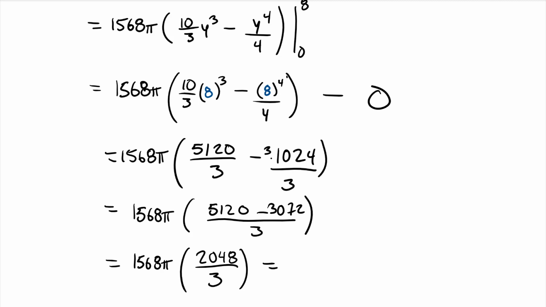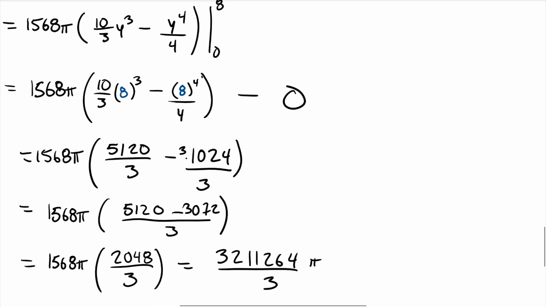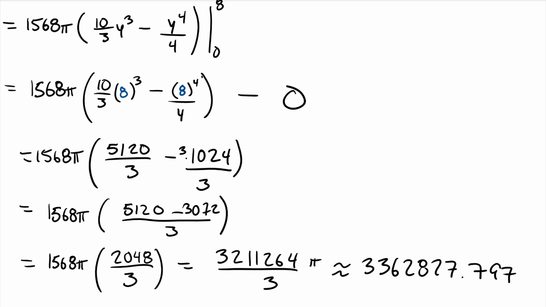Oh my goodness. We got 3, 2, 1, 1, 2, 6. Come on, man. We got this. Pi over 3. Now, if you want to put that into a calculator and run your answer, you're like, oh my goodness, that took a lot of work. 3362827.797 joules.